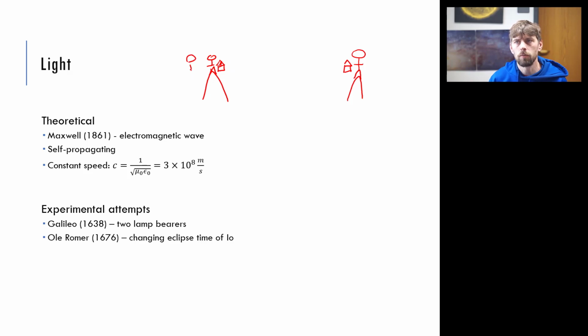Now, what happens? When Galileo gives the indication, the first person uncovers their lamp. At which point in time, the second person is instructed that once they see the first lamp uncovered, they are to uncover their lamp. And then Galileo would observe the uncovering of the second lamp and stop his watch.